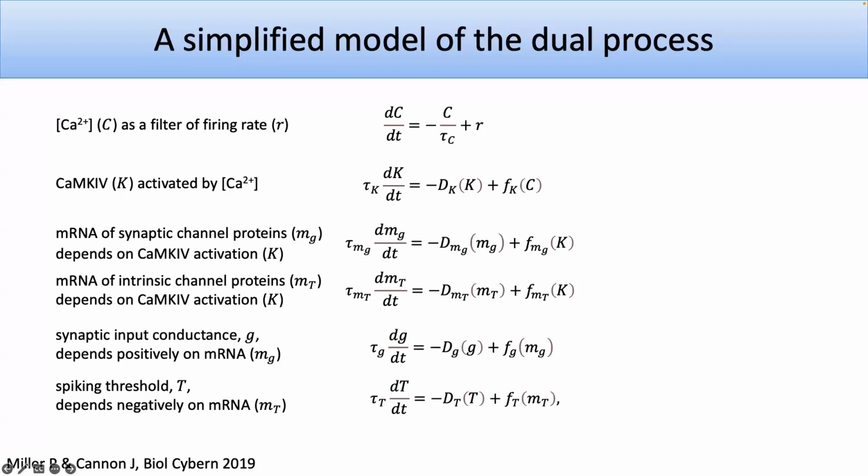If the loss of one of these is basically independent of the amount, then you can have an integrator. For example, if the dephosphorylation of the kinase is independent of the concentration of kinase, then the kinase is just integrating up the amount of calcium it gets.